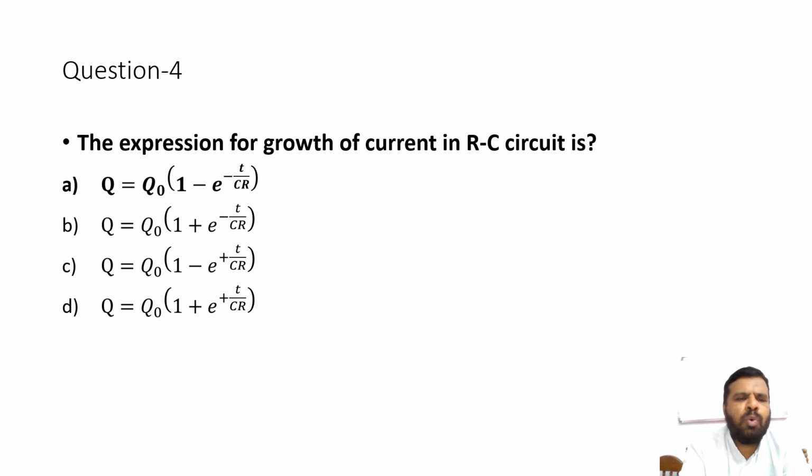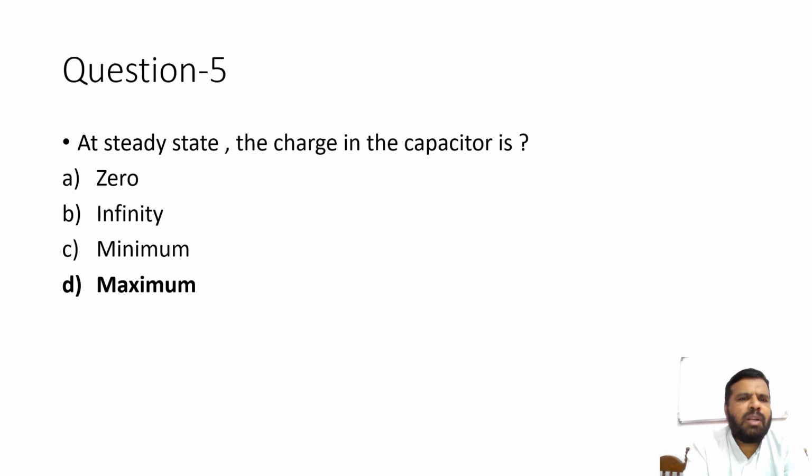Option C, q is equal to q₀ into bracket 1 minus e raised to plus t divided by CR. Option D, q is equal to q₀ into bracket 1 plus e raised to plus t divided by CR. The correct option is option A, q is equal to q₀ into bracket 1 minus e raised to minus t divided by CR.